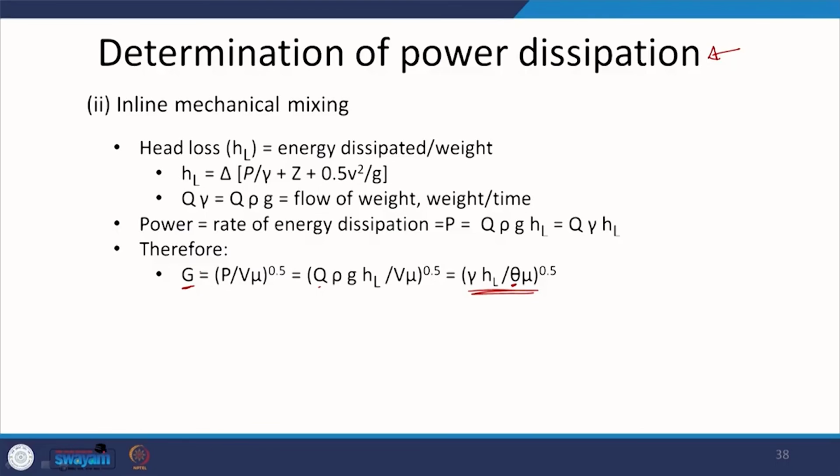So I'm out of time. We will continue the next aspects in the next session. But what have we looked at until now? We have looked at different types of mixers, and we know that how much time the water spends in the system is of primary importance, which is theta. We also want to know how much turbulence or mixing is needed.